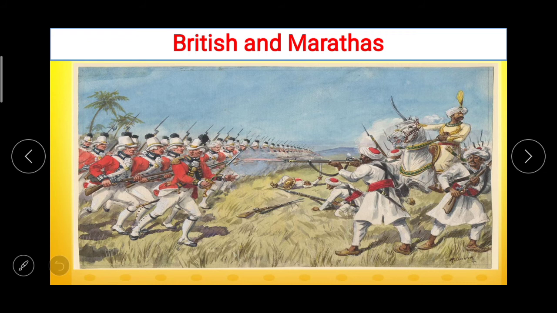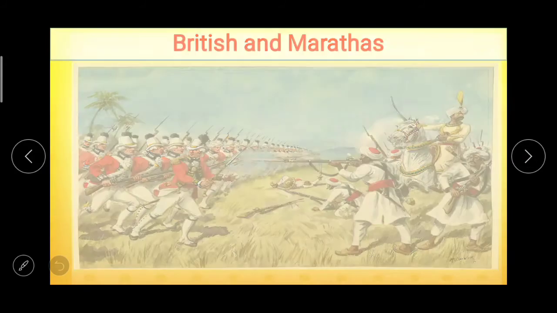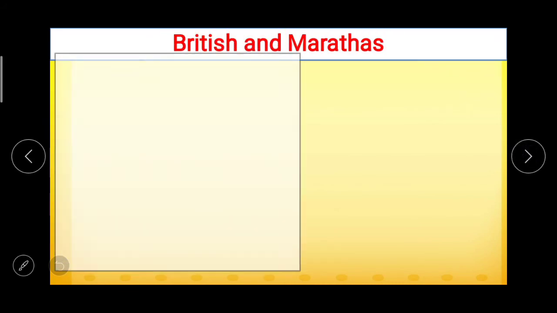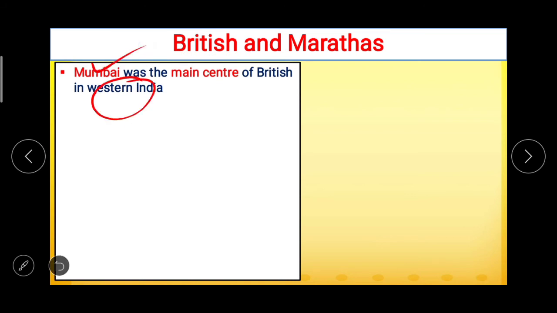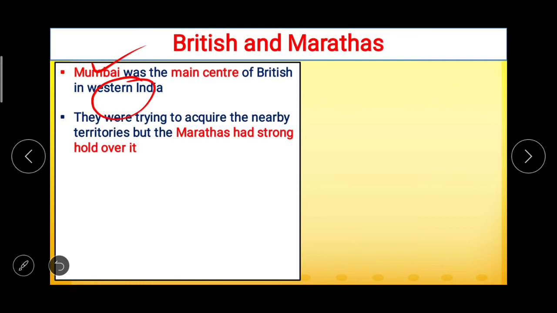As you can see on the screen in the image, British and Marathas, the local rulers, now we are talking. Mumbai was the main center of the British in Western India.